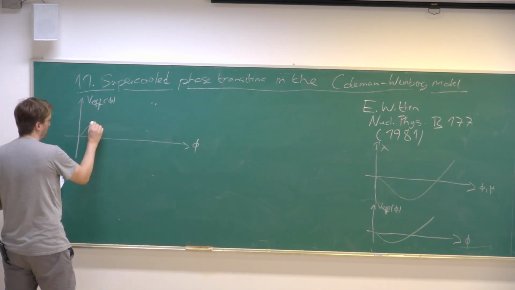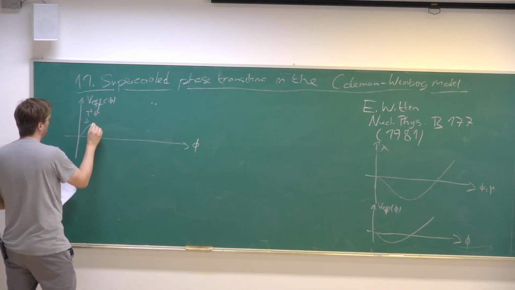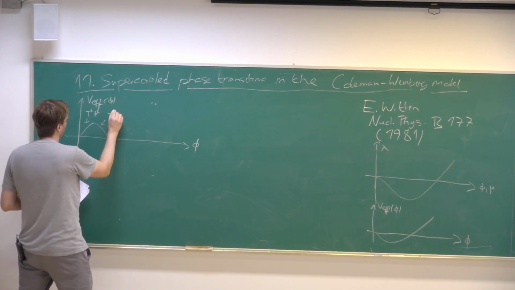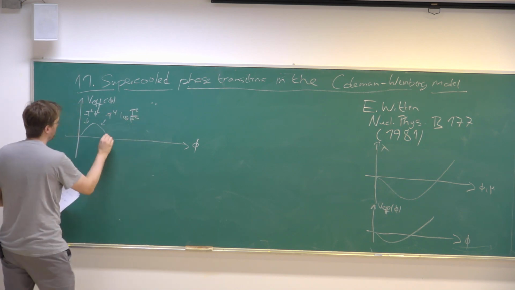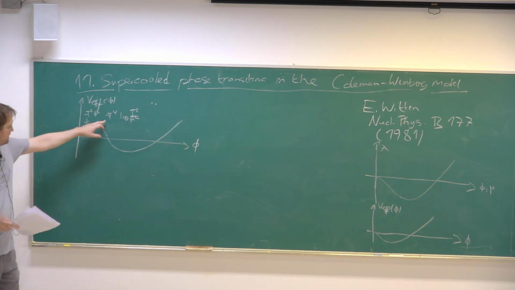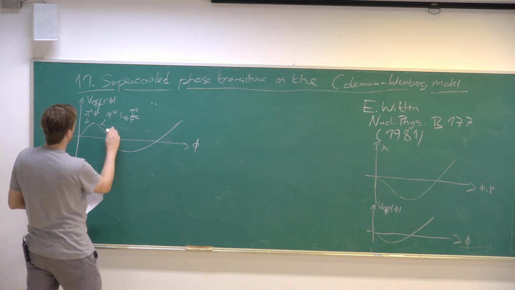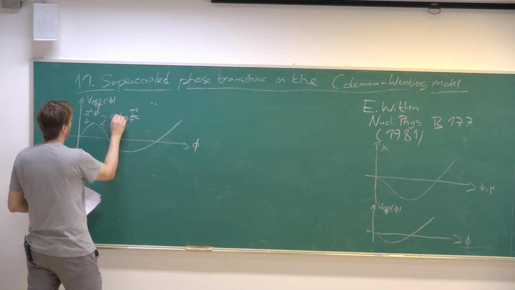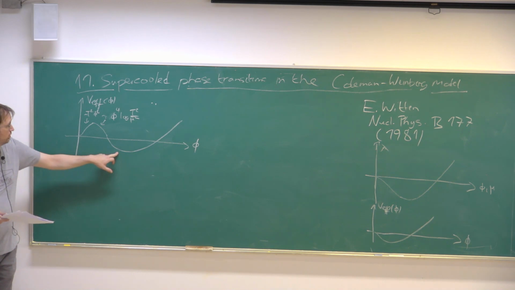I have the thermal mass term which dominates, T squared phi squared, at small field values, and then at some point I have this thermal barrier from the T squared over phi to the 4th term. Then at even larger field values, this whole approximation breaks down.